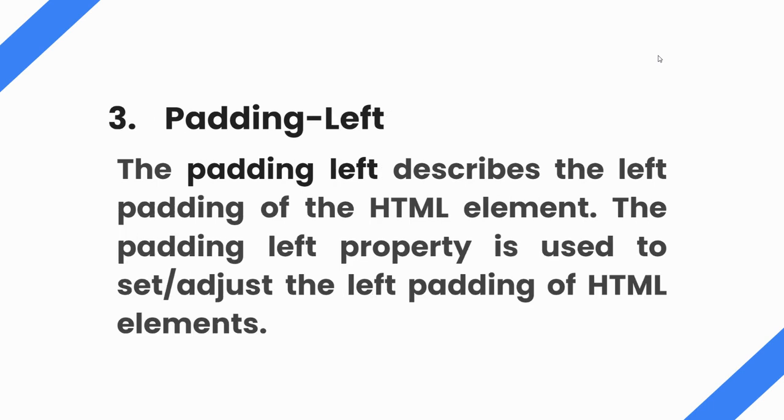Then we have the padding left, which describes the left padding of the HTML element. The padding left property is used to adjust the left padding, and it doesn't affect any other padding within the element.